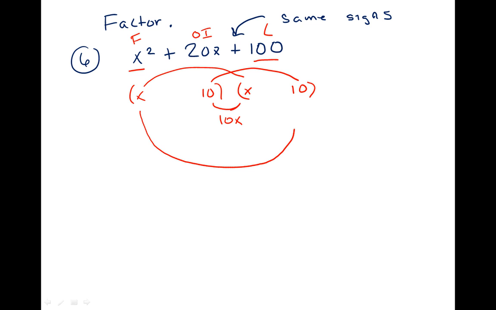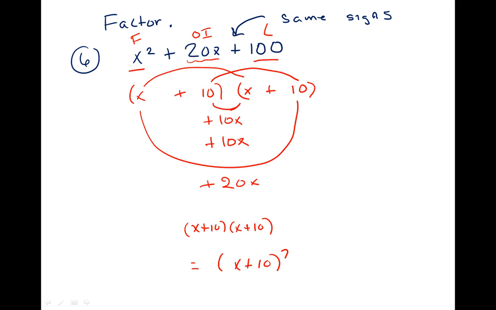My outer, x times 10 is 10x. We know it needs to add up to positive 20x. These both have to be positive. So your answer is x plus 10 times x plus 10, which you can rewrite as x plus 10 raised to the second.